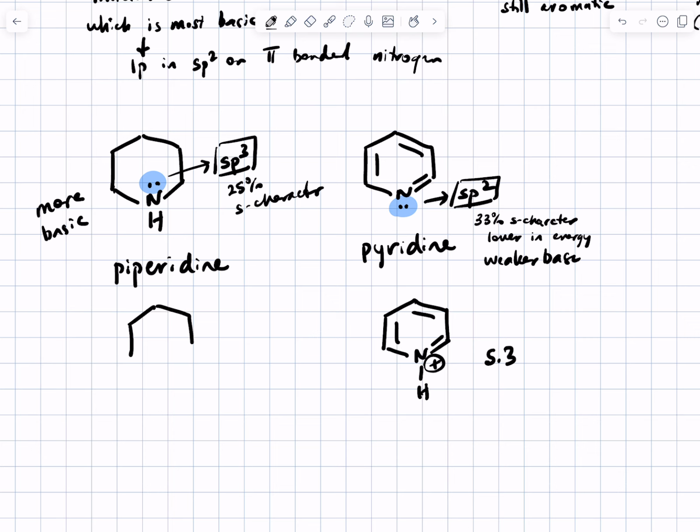If you look up the pKa for the conjugate acid of piperidine, that pKa is about what you would expect for a normal alkylamine. And so hybridization can make a big difference. Asking which of these nitrogens is more basic is the exact same question as asking which of these acids is more acidic.